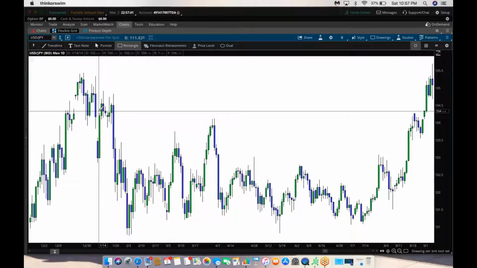So if it's a downtrend and it starts breaking valleys, then you want to be finding you some sells.